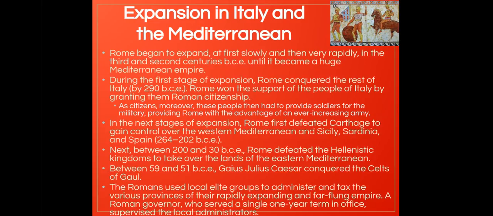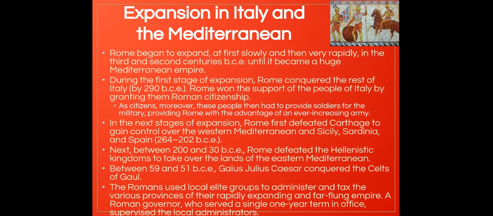The second war, between 218 and 202, also called the Hannibalic War, continues to allow Rome to expand. Further expansion over the Mediterranean region, the Eastern Mediterranean focusing on the Hellenistic kingdoms.